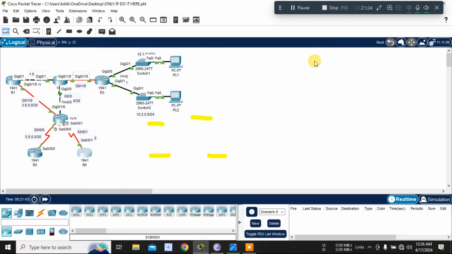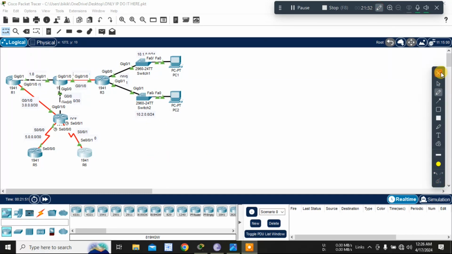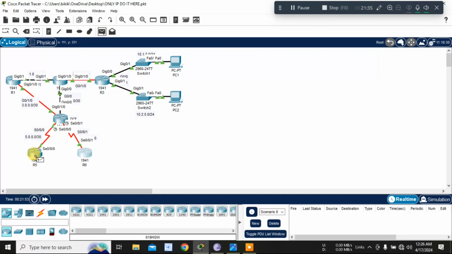Now let me check whether the network is working or not. Successful. So this is how statically I have done the routing. Failed. Why did it fail? Let me check once again.